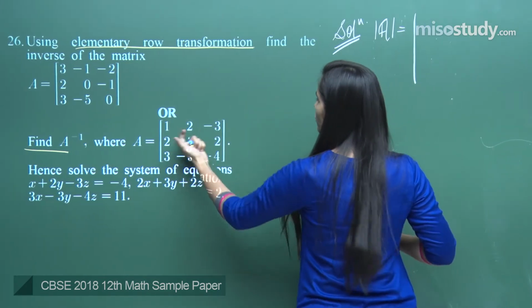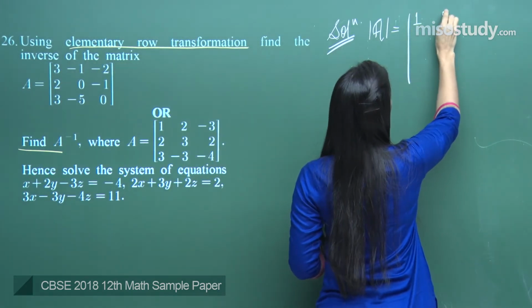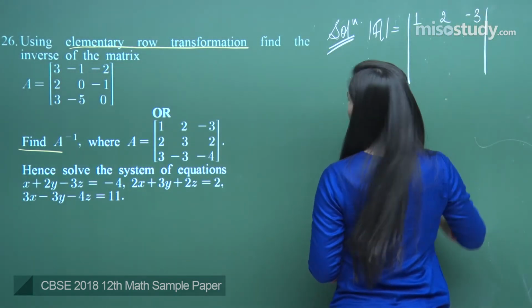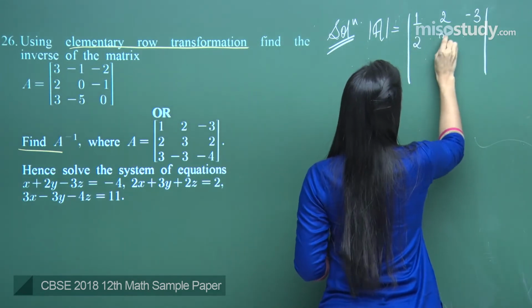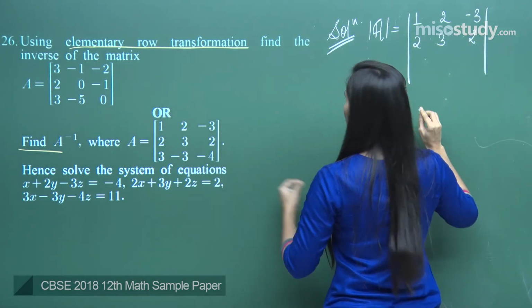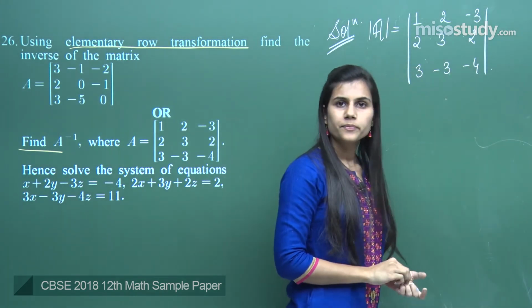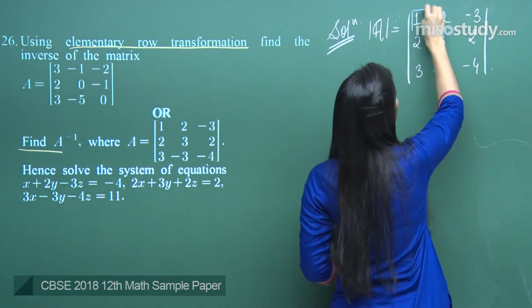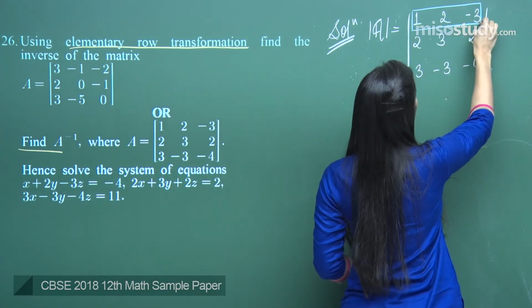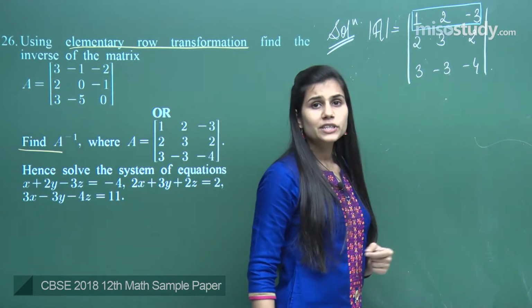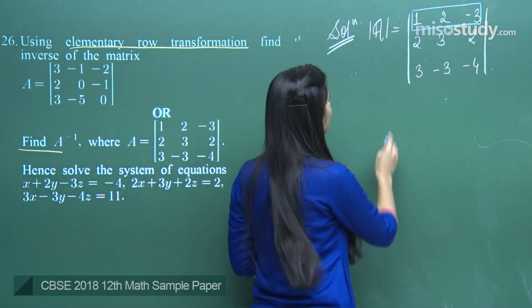Which is the determinant of 1, 2, minus 3, 2, 3, 2, 3, minus 3, minus 4. Now, along this particular first row, let's start opening up.